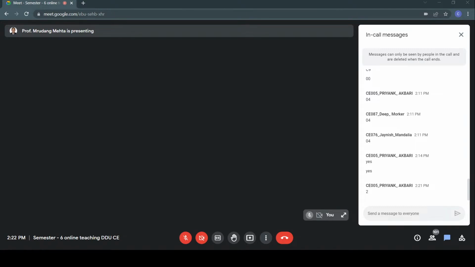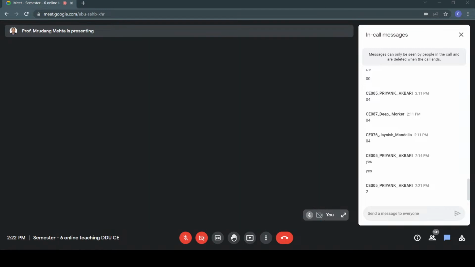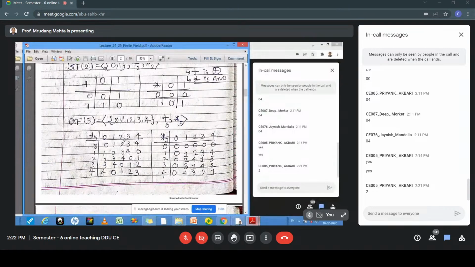Then comes 2. 2 plus 0, 2 plus 1, 3, 2 plus 2, that is 4, 2 plus 3 is 5, and 5 mod 5 is 0.